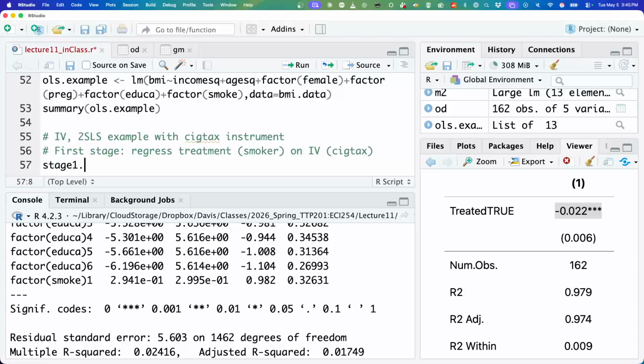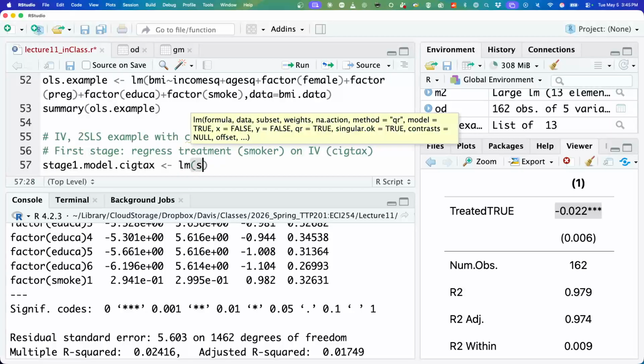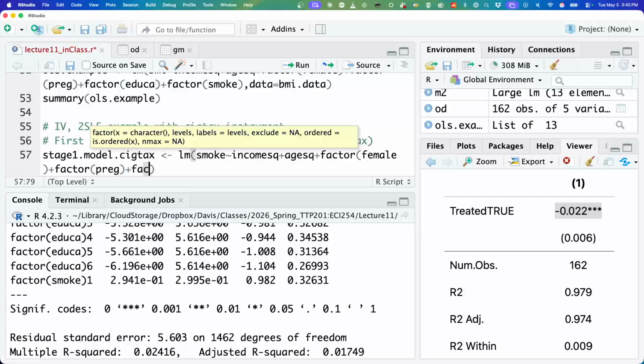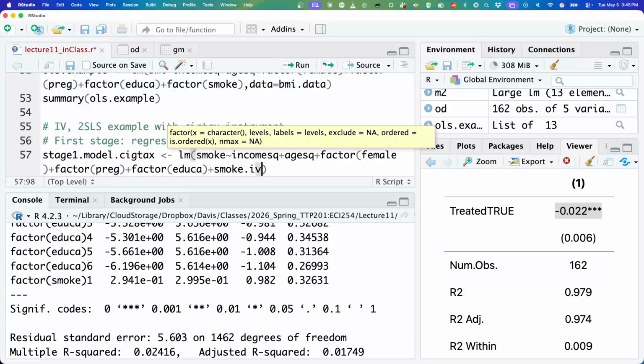So stage 1 model, this is LM smoke, and then we have to include all of our other controls, plus cigarette tax.